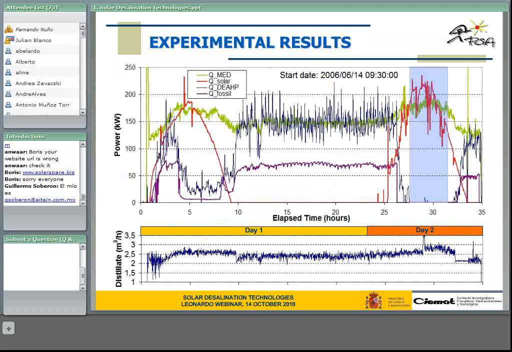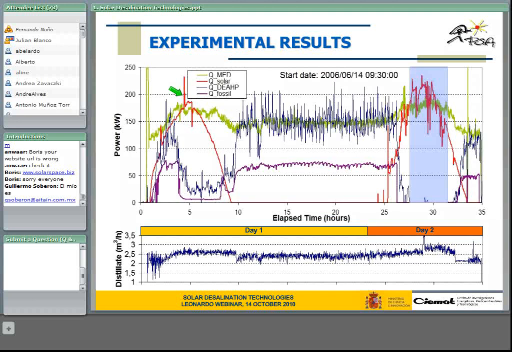In the first day, you can see that during this part the heat pump was not stopped, but it was just working at a small percentage. This is the energy that was provided to the MED, and in red you can see the solar input.